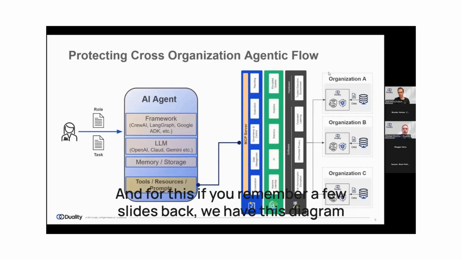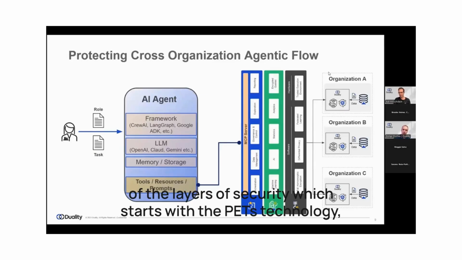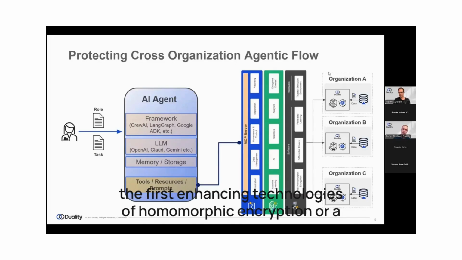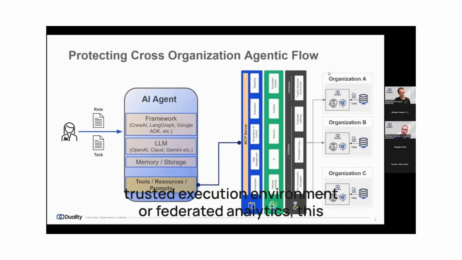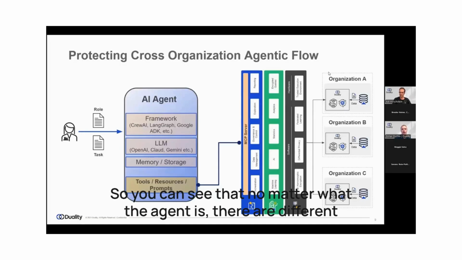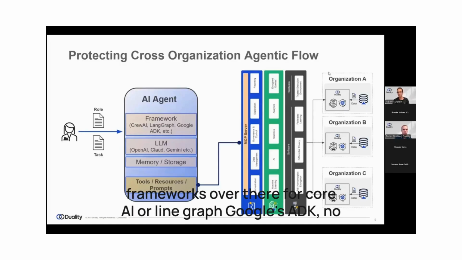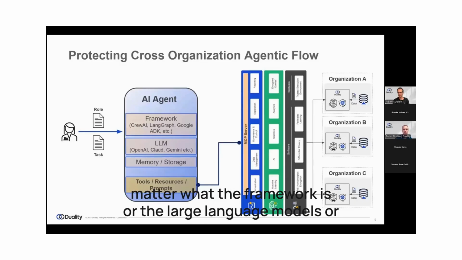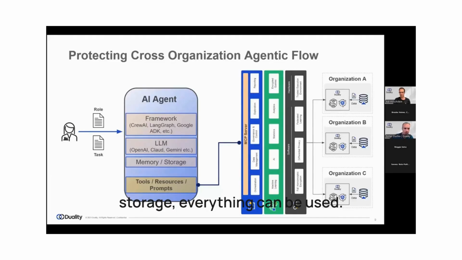And for this, if you remember a few slides back, we have this diagram of the layers of security, which starts with the PETs technology, the privacy enhancing technologies of homomorphic encryption or trusted execution environment or federated analytics. This comes to help over here. So you can see that no matter what the agent is, there are different frameworks over there, for CrewAI or LangGraph, Google's ADK. No matter what the framework is or the large language models or storage, everything can be used.